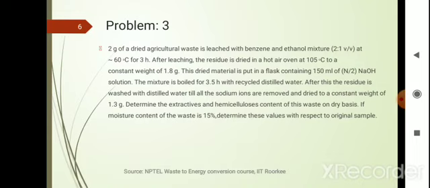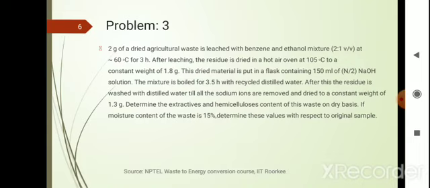Determine the extractives and hemicellulose content of this waste on dry basis. If moisture content of the waste is 15%, determine this value with respect to original sample. So this is what type of problem we have to calculate. This comes in the lignocellulosic composition of the biomass.